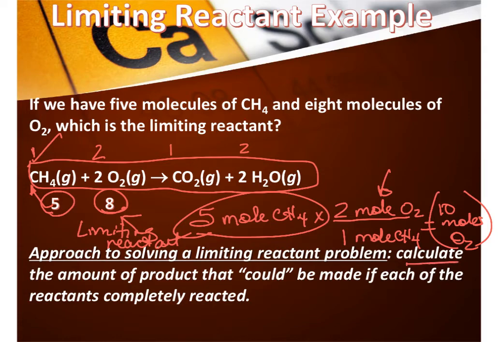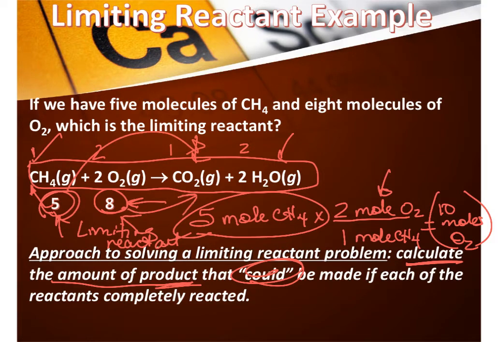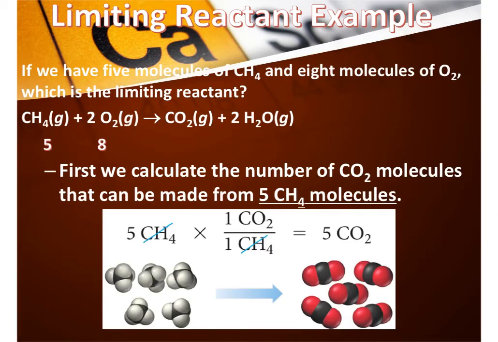You are going to calculate the amount of product, doesn't matter which product as long as it's the same one for both of them, the amount of product that could be made for each of the given quantities of the reactant. And you will find that the excess reactant will be capable, clearly, of making more product than the limiting reactant. Look at that a little bit closer.